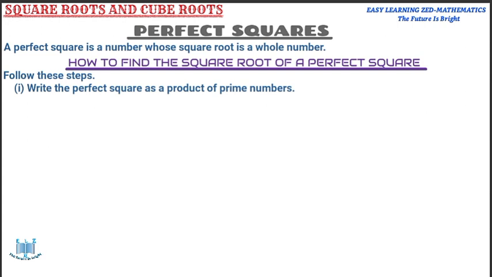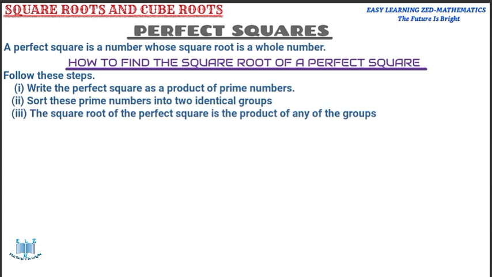The next step is to sort these prime numbers into two identical groups. Remember, I want to find the square root, so we group the prime numbers we get into two groups. Then we do the next step, which is to find the product.